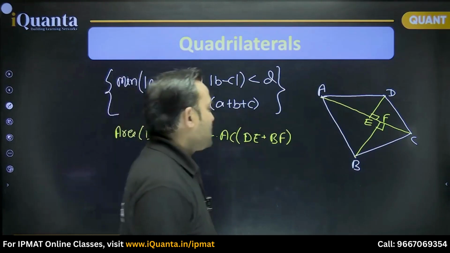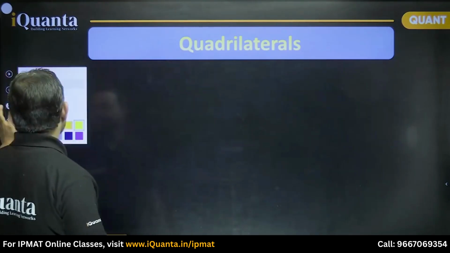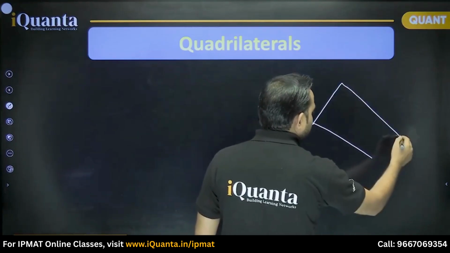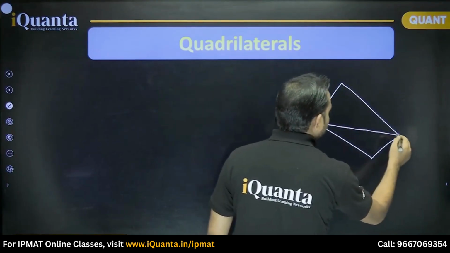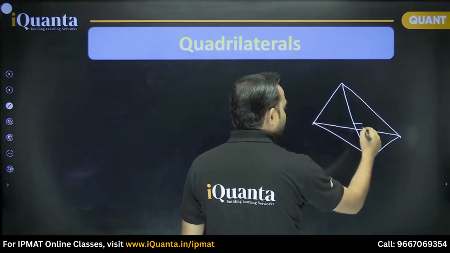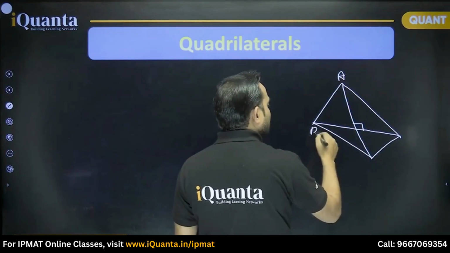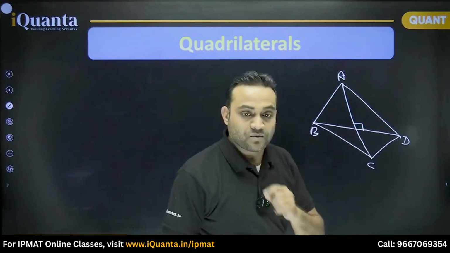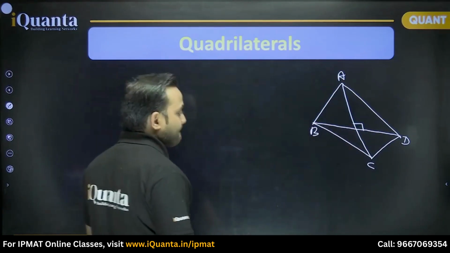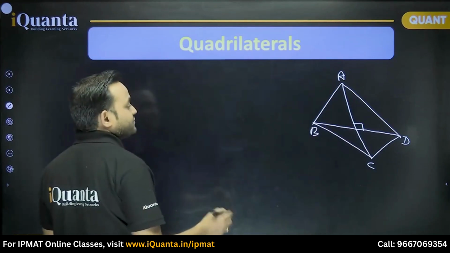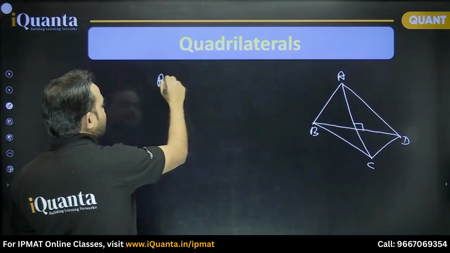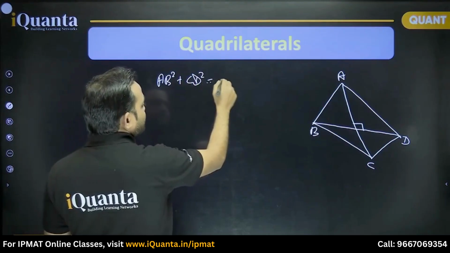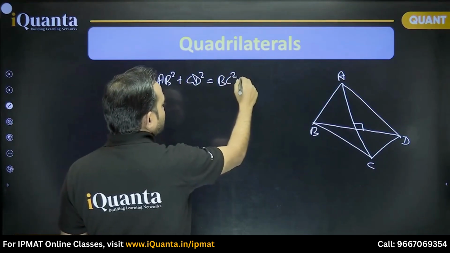Now apart from this, there are also other properties of a quadrilateral that we can talk about. If the two diagonals of any quadrilateral are perpendicular to each other, like AC and BD here, then the relation between the side lengths is AB square plus CD square equals BC square plus AD square.